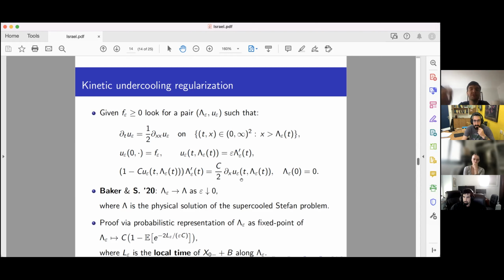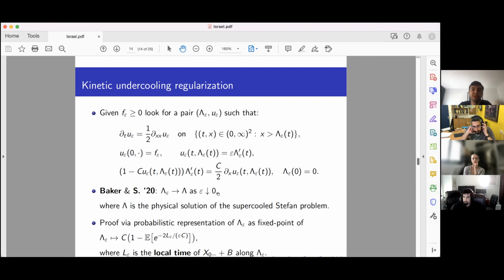And mathematically, what turns out is that when you send epsilon to 0, so when you close this gap, as you would expect, non-rigorously, you indeed arrive at the solution of the problem that I just described.